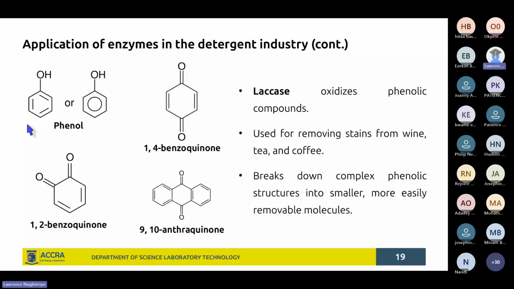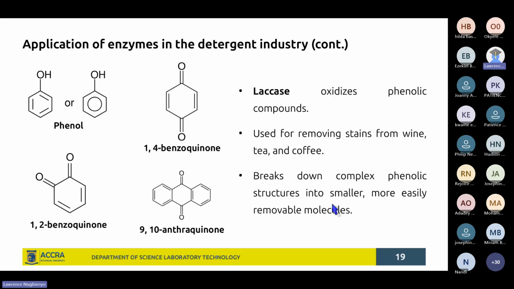If you have wine containing a lot of these phenols and phenolic compounds, tea containing a lot, coffee containing a lot, cocoa drink, and you have it staining clothing, then you can make use of, say, the enzyme laccase, which easily oxidizes these phenolic compounds and breaks them down, especially the complex phenolic structures, into smaller compounds which can easily be removed from the fabric.